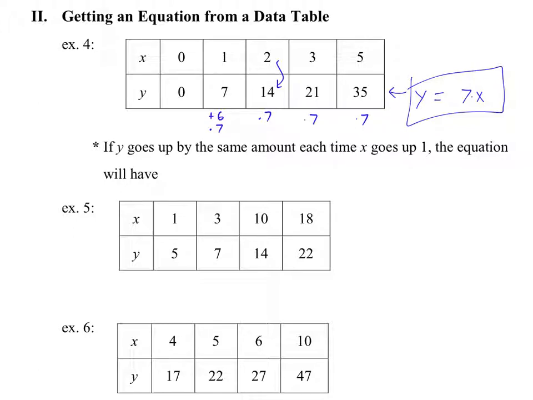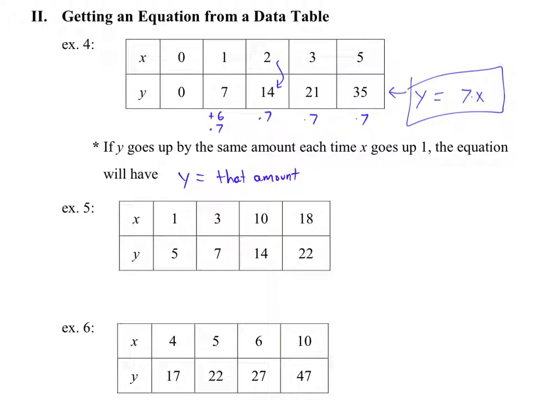And here's kind of the hint for those ones that we go through and find out, oh, adding 6 doesn't work and multiplying by 7 doesn't work. What do we do? Then you kind of go to this. So if y goes up by the same amount each time x goes up 1, the equation will have y equals, and this is going to look kind of screwy, I'm going to say y equals that amount.